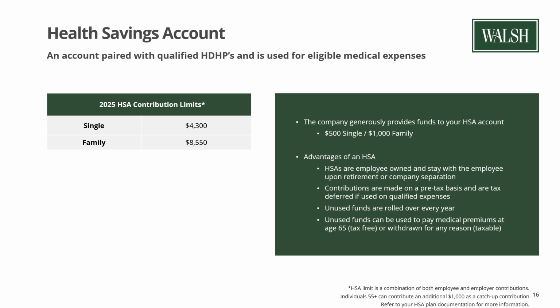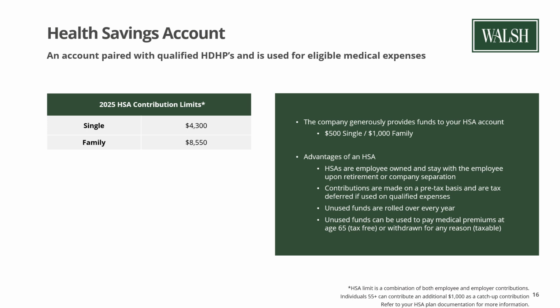For 2025, the contribution limits are both employer and employee totals, so the company does provide funds into your HSA account. If you are enrolled in an employee only plan, as a single, you can contribute up to $4,300 into an HSA for 2025.